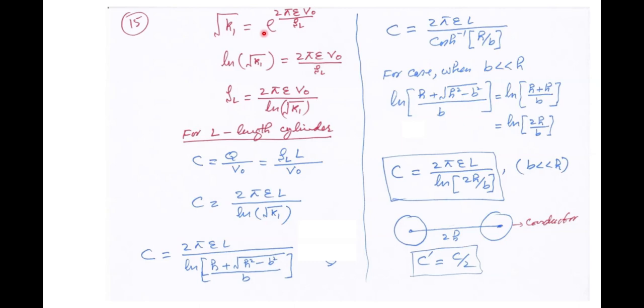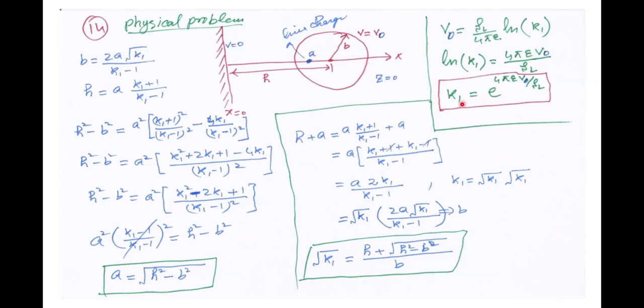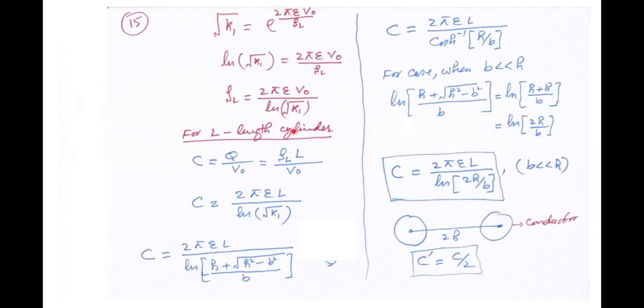So now from this equation, k1 equal to e power 4 pi epsilon v naught divided by rho L, we can obtain the line charge density in terms of k1 and epsilon v naught. So for an L length cylinder, we can replace Q by rho L times L divided by V naught using rho L from the above relation.